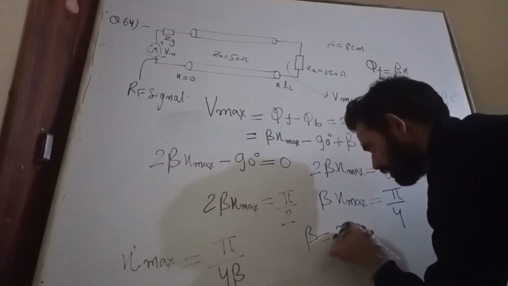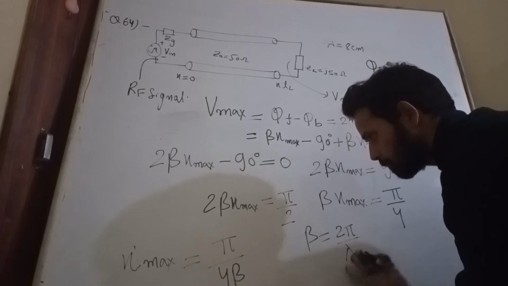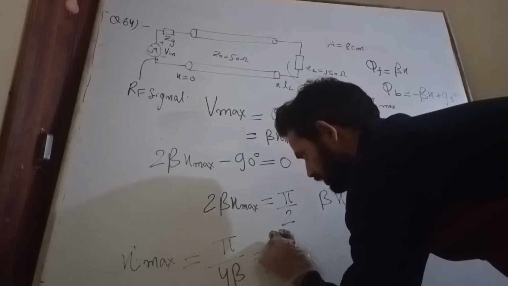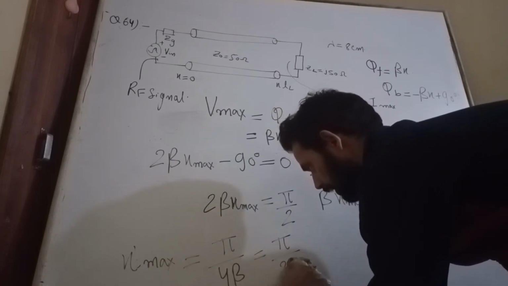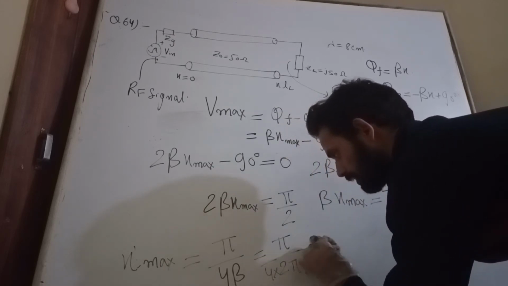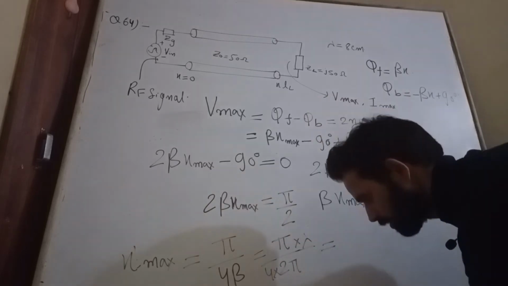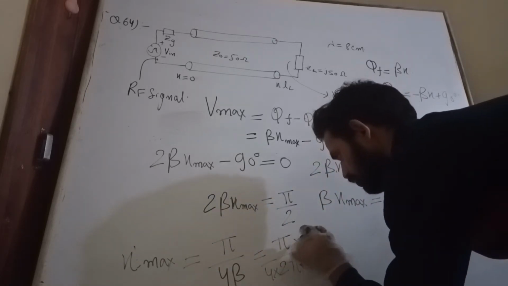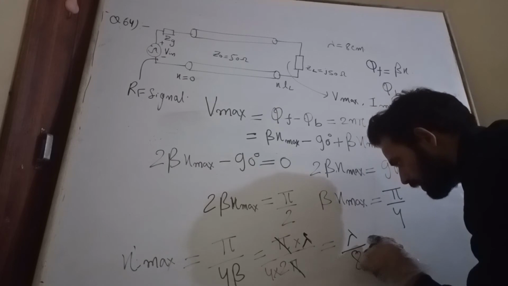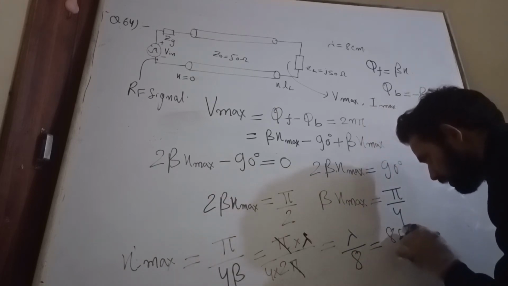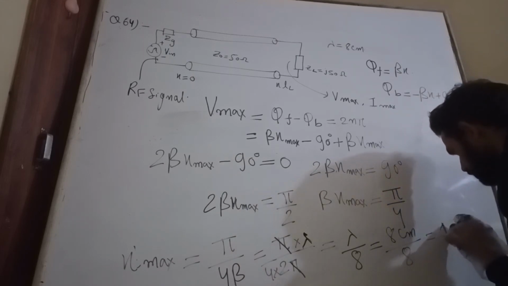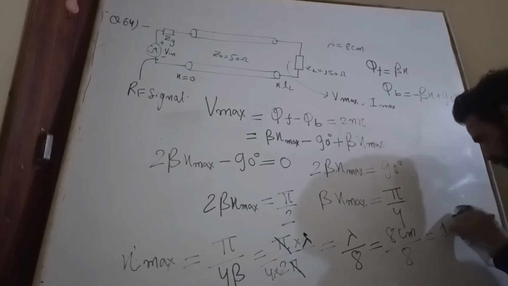Beta is equal to 2π by λ. Putting this value in, x maximum is π divided by 4 into 2π by λ, so π gets cancelled and we are left with λ divided by 8. Lambda is given as 8 centimeter, so 8 centimeter divided by 8 is 1 centimeter.